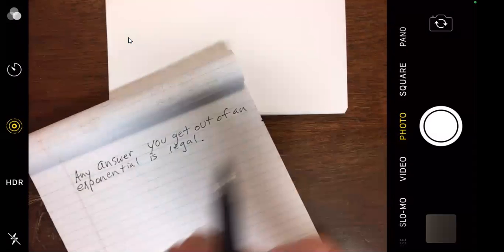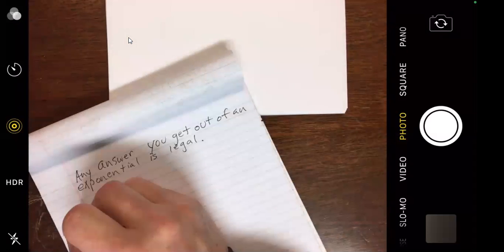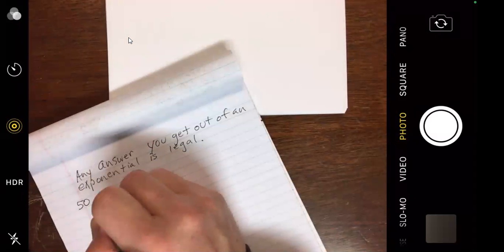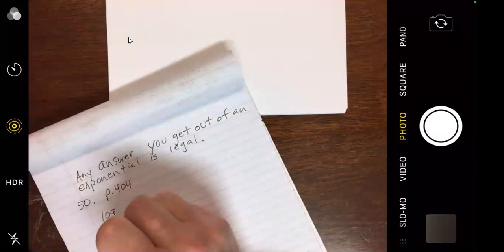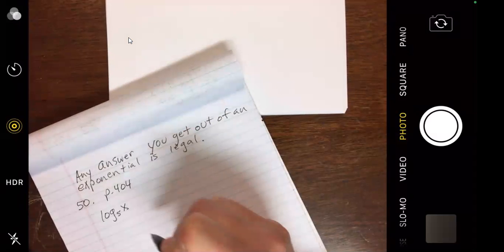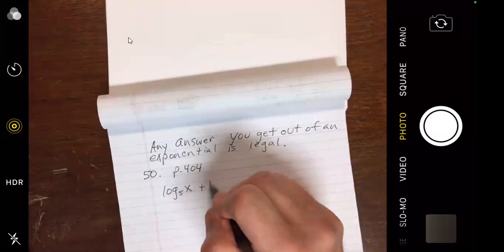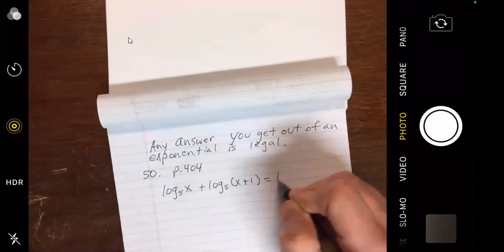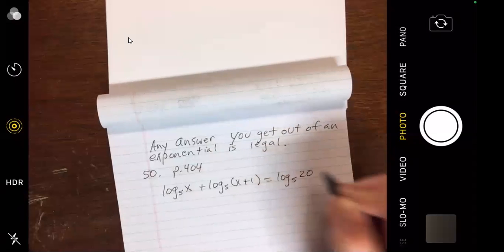We'll try one more here. Why don't we try number 50? Log base 5 of x plus log base 5 of x plus 1 equals log base 5 of 20.